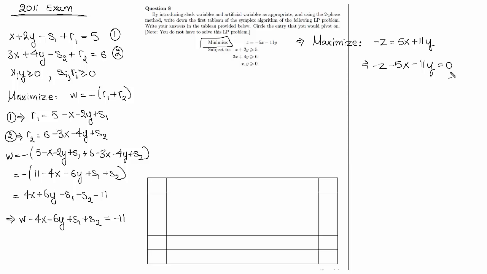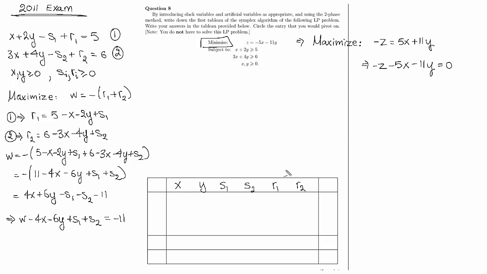So we can actually input all the coefficients in our initial tableau. So we have x, y, s1, s2, r1 and r2. So first we put the basic variables, the slack variables second, and then the artificial variables.